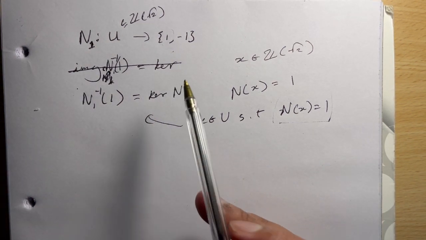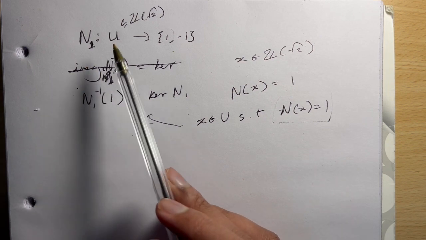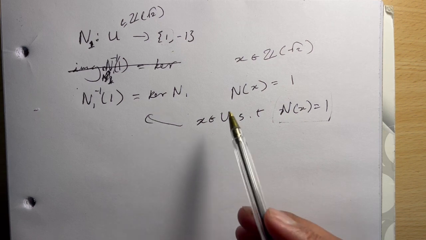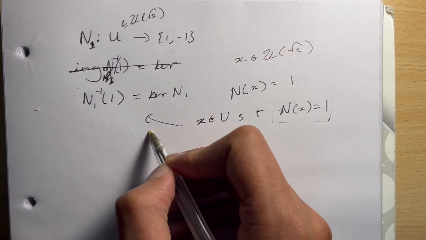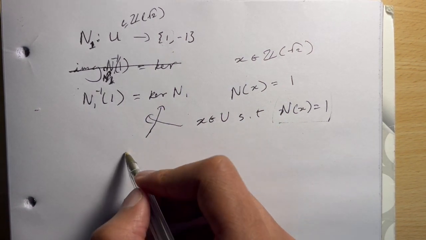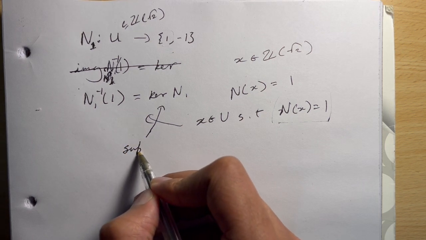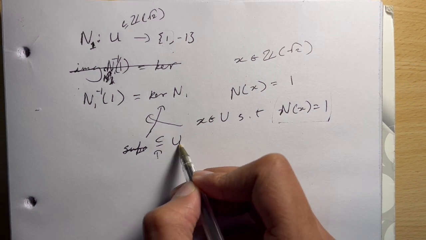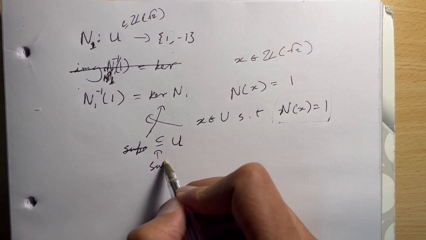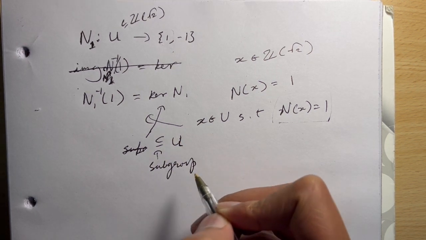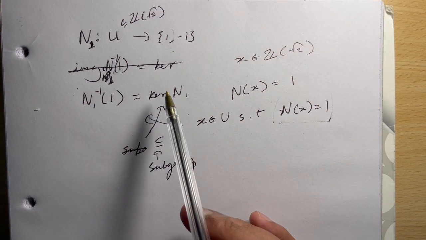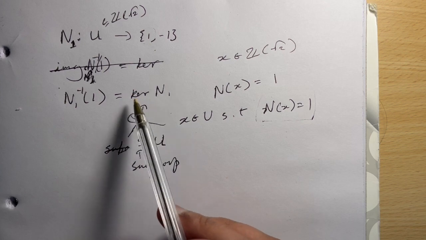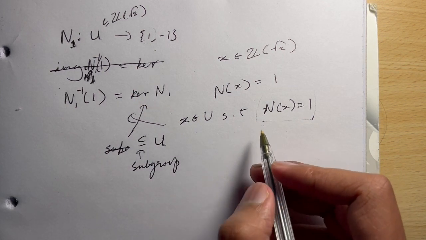And by some theorems of group homomorphisms, this kernel is actually a subgroup of U.